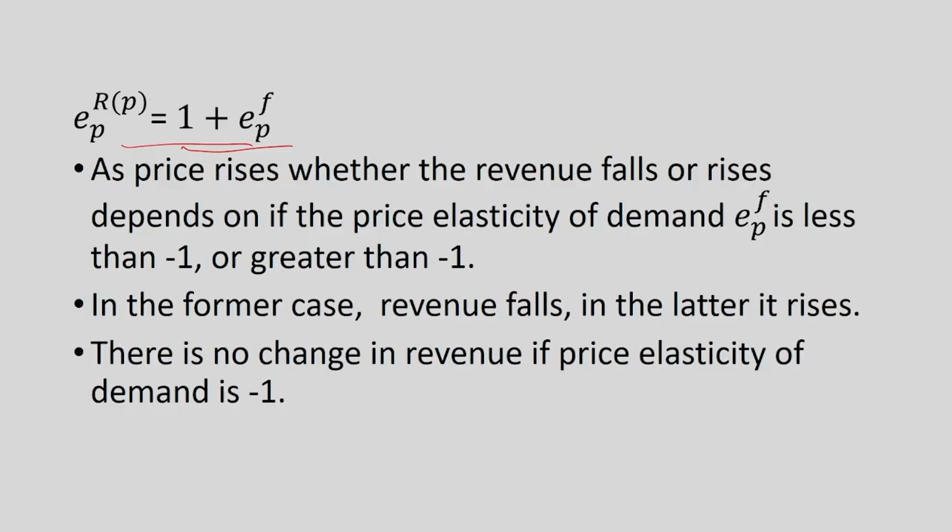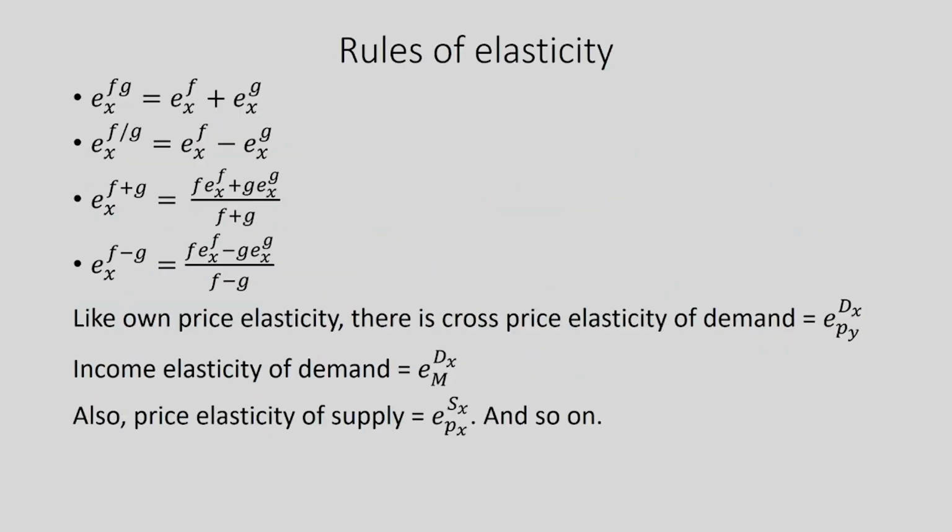And if it is the other case, that if it is greater than -1, then the latter rises, that is, the revenue rises as the price rises. If there is no change in the revenue, if the price elasticity of demand is exactly equal to -1, in that case this right hand side becomes 0. So, as the price rises, the revenue does not change at all.